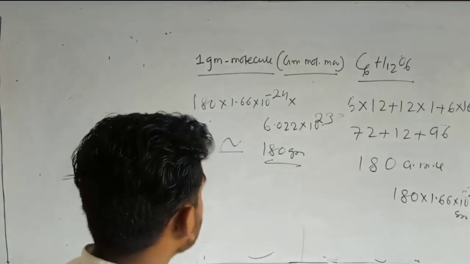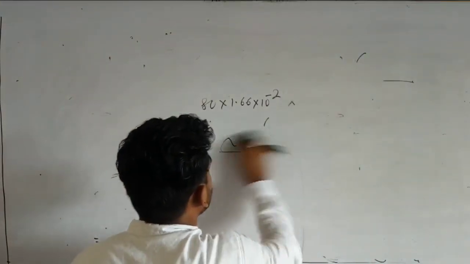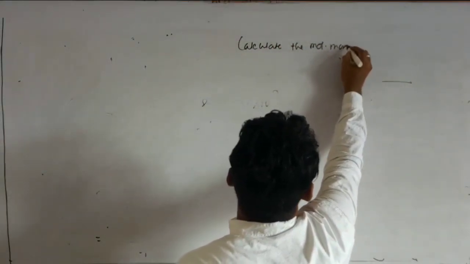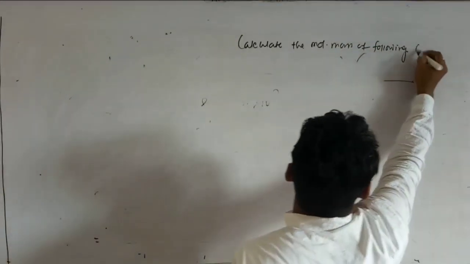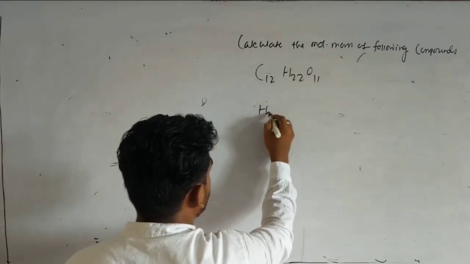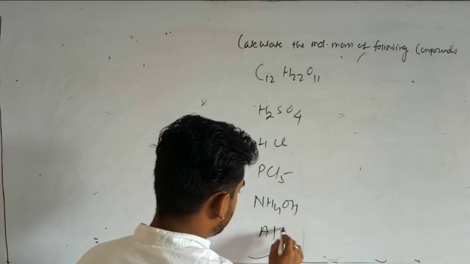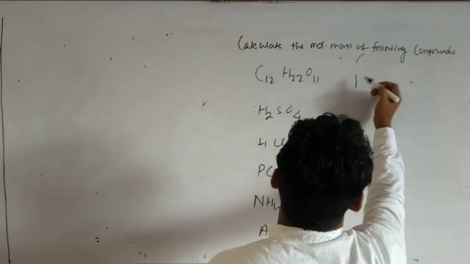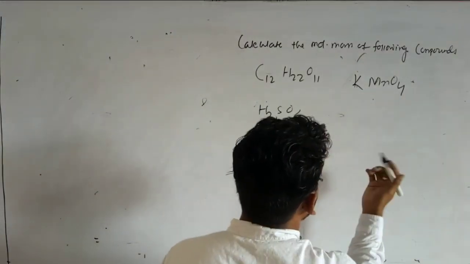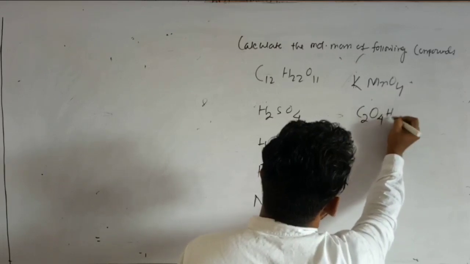Next, you just calculate the molecular mass of sucrose, C12H22O11. Also calculate the molecular mass of the following compounds: H2SO4, HCl, PCl5, NH4OH, AlCl3, KMnO4, and C2O4H2.